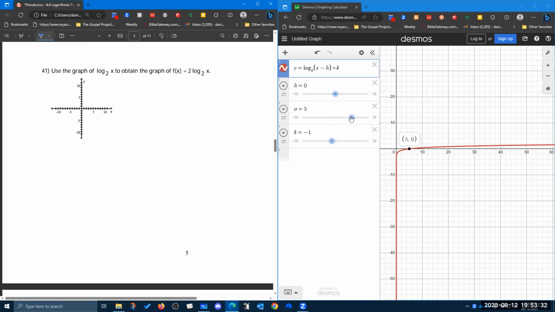Now we want log base 2 of x, and we want 2 times that, with no vertical shift and no horizontal shift.